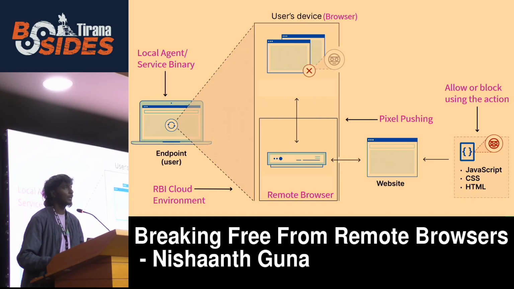That agent or service installed on the system would redirect or route all the traffic generated from the browser to a remote browser which is there on, say, cloud, and all the actions would get executed there, the JavaScript would get executed there, and the file downloads would get downloaded there in the remote browser instead of the local browser.